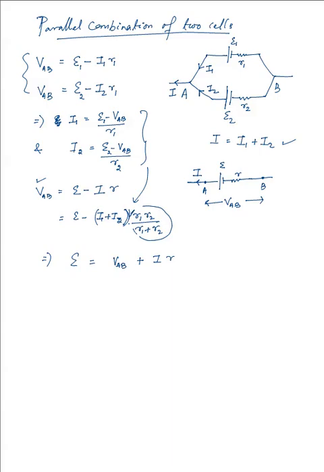Plug in those values of I1 and I2 over there for I. That means we have VAB plus the values of I1 and I2 that we are going to take from here. That is equal to E1 minus VAB, entirely over R1. That is going to be I1.